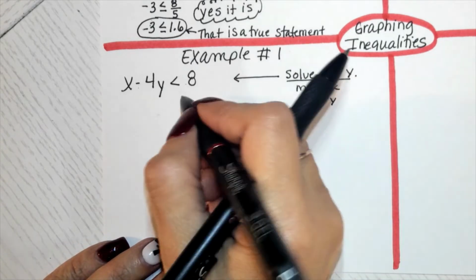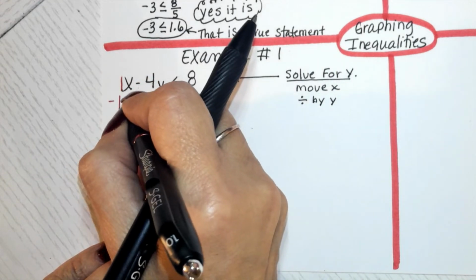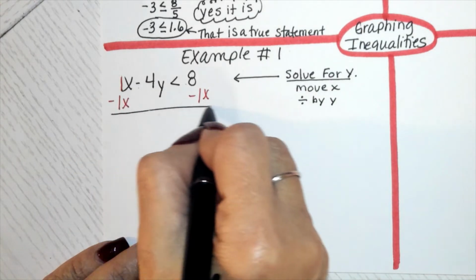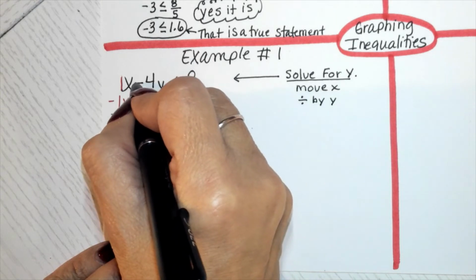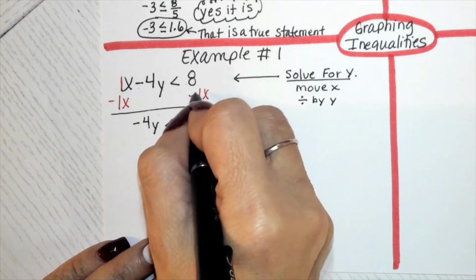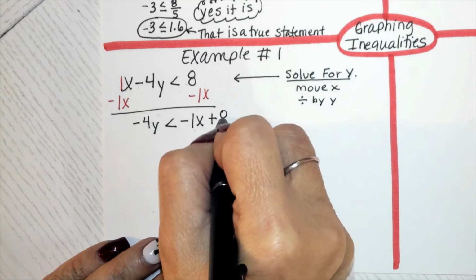So I'm going to move the x. This is like a 1 right here, so that means I'm going to subtract 1x. Okay, so negative 4y, and don't forget that is a negative right there. It has to come down with the 4. Less than, and we're going to put the x first, negative 1x plus 8.